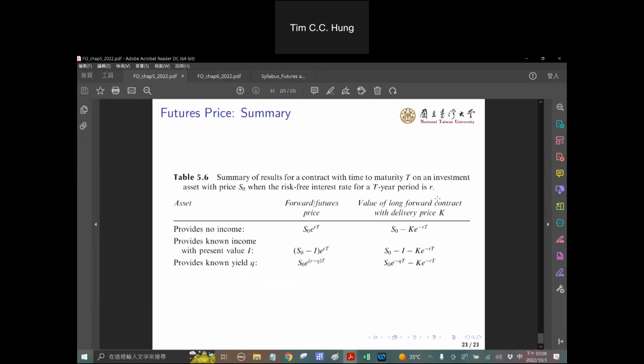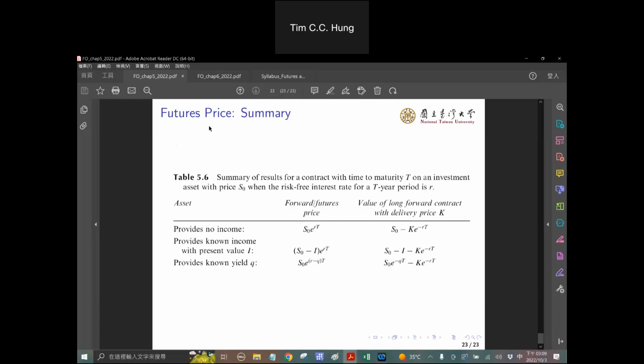Everything we are learning is basically one unified formula, with some additions and variations according to the underlying assets of the futures or forward contracts we are discussing. Some assets have different properties: they may have no income, no yield, cost of carry, storage cost, convenience yield, or when we are discussing currency futures, any kind of situation, let's just think about what the additions to the formula are and how we can modify it. Does that make sense?